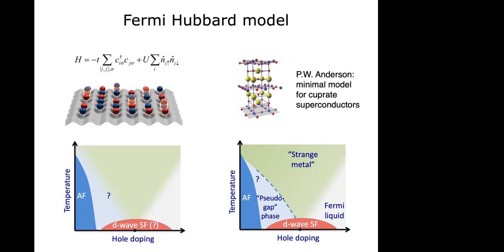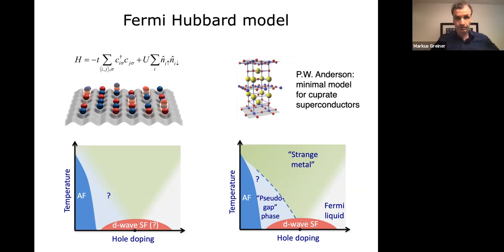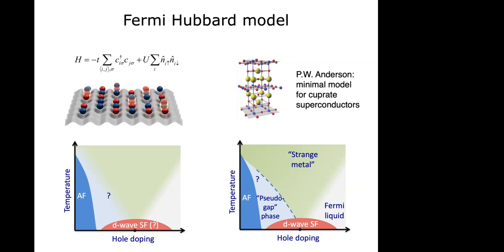So this d-wave superconductivity that you have in your left panel, we should keep in mind may have nothing to do with the d-wave superconductivity on the right channel, because you do not know if the Hubbard model has superconductivity for moderate value of U or not.